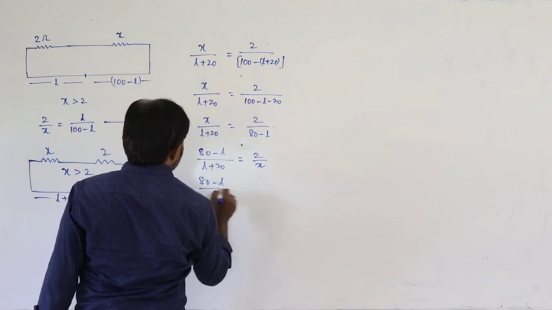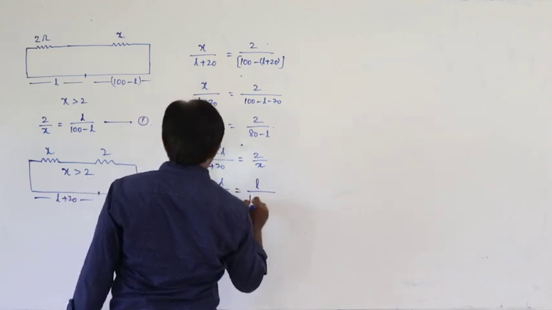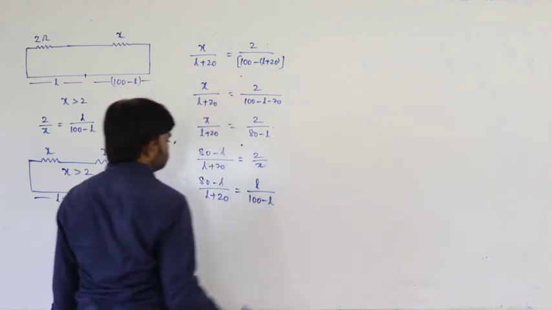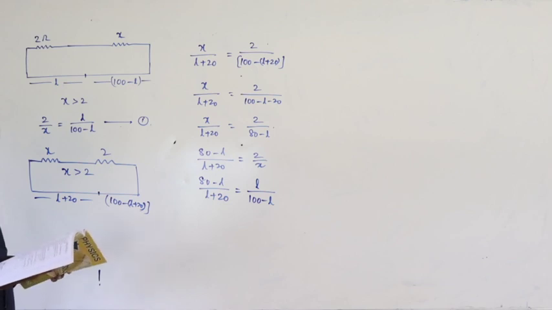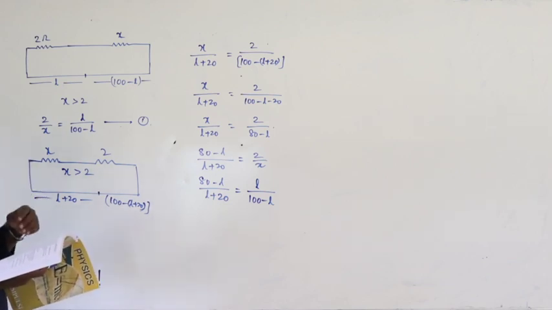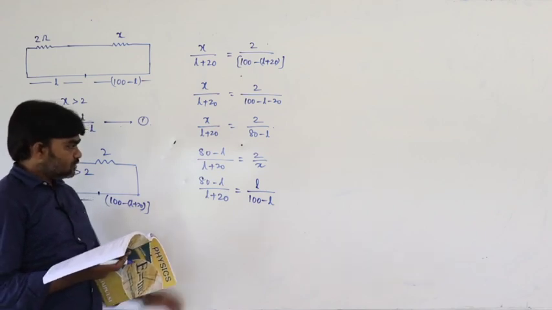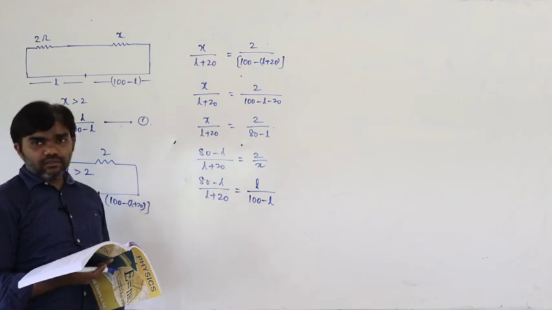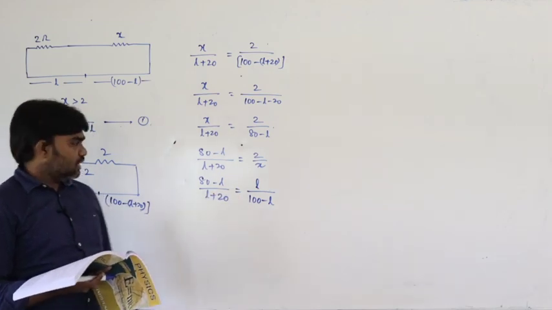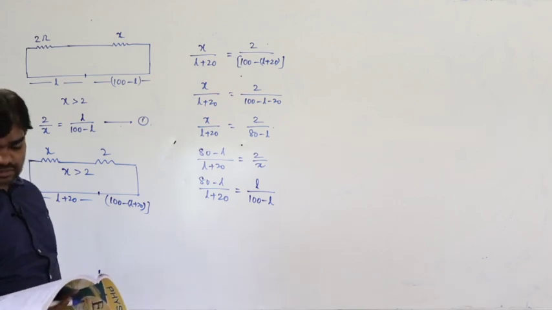And from the first condition, 2 by x is equal to L by 100 minus L. Based on this we can calculate the x value. First of all we can calculate L, and then we can find out x, or we can just do option verification based on this.